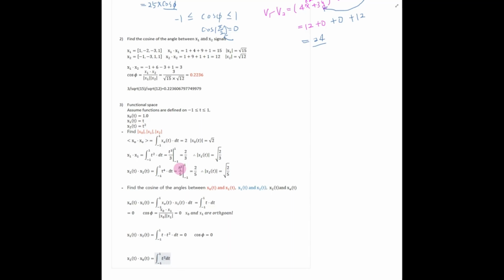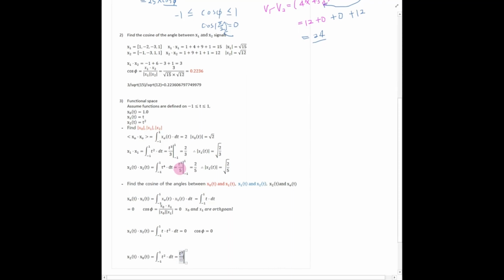We have to integrate t squared, which gives t cubed over 3 from minus 1 to 1. Entering 1 gives 1, and entering minus 1 gives minus 1, so subtracting gives 2 over 3. This is the product.